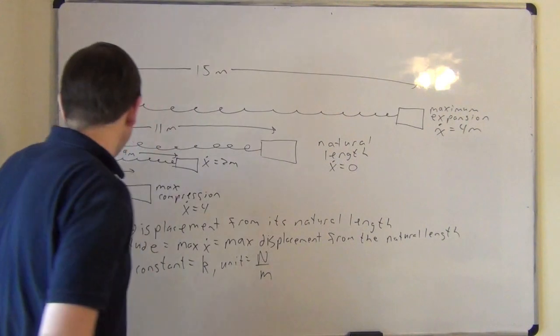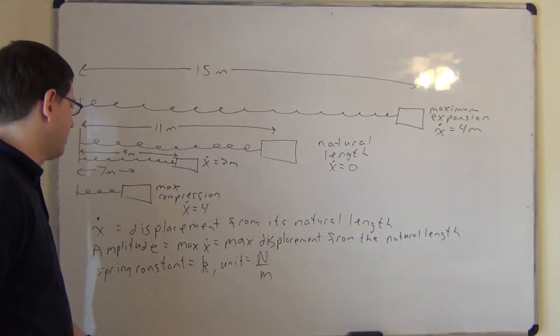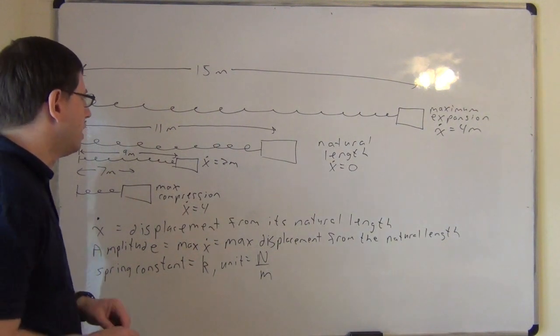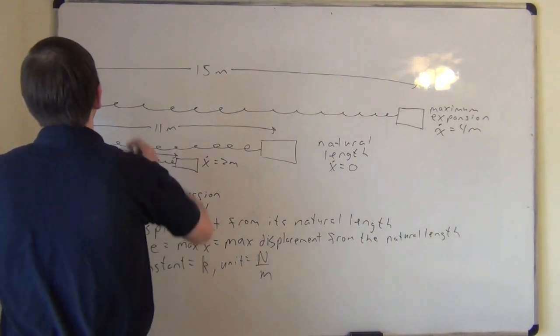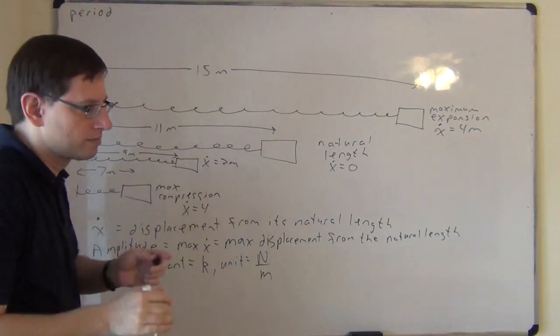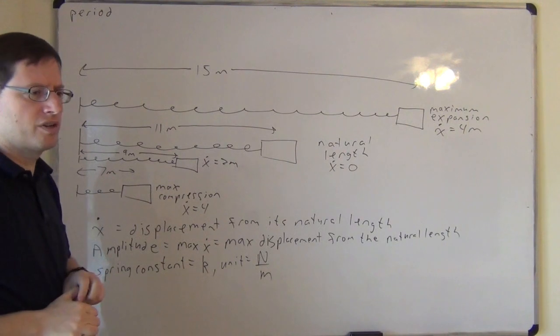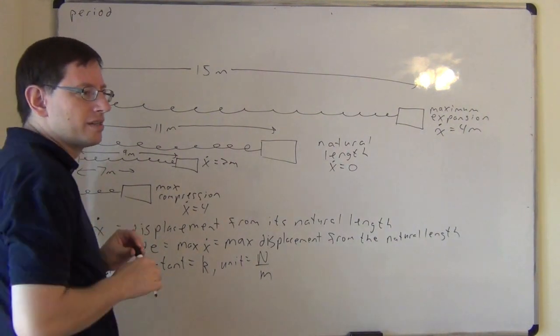Okay, so now we have 3 concepts for spring oscillations that can be useful to us here. The next concept that's useful to talk about is period. Do you know what the symbol is that your course uses for period? I think it's T. Capital or lowercase?